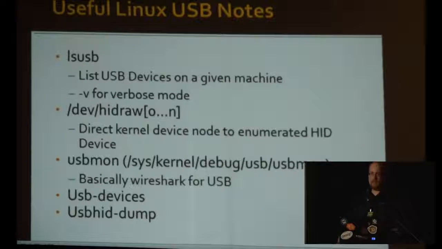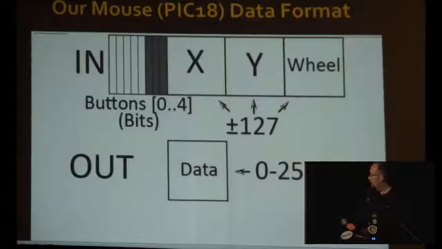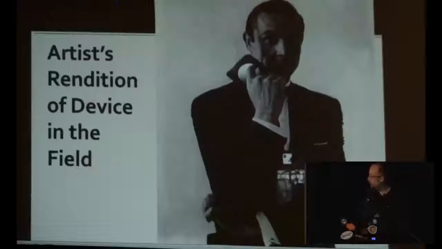Depending on the bus it comes from, it'll be hidraw0, 1, 2, etc. The nice thing about this is the data stream that results is the direct kernel-enumerated output from the HID device. So basically, once this part has been enumerated, the data that comes out of this will follow this format.